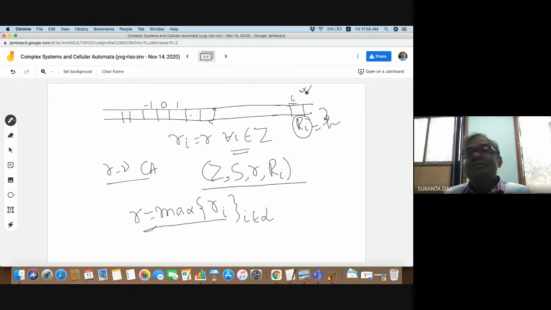Because otherwise, if you consider the arbitrary definition that any cell can use any rule, you do not know.